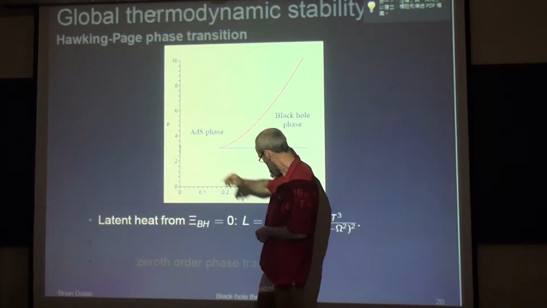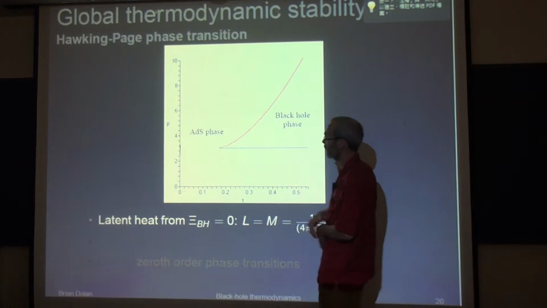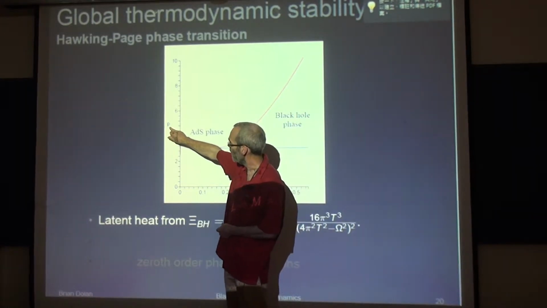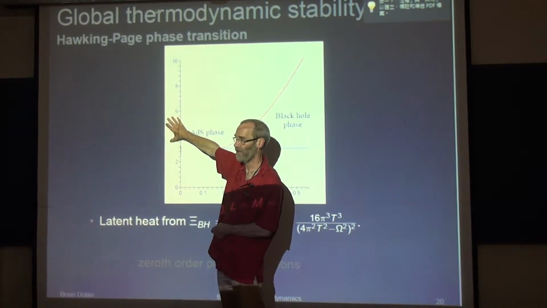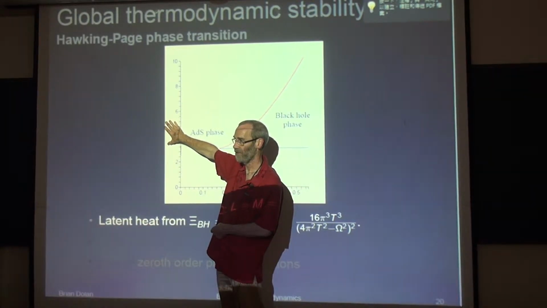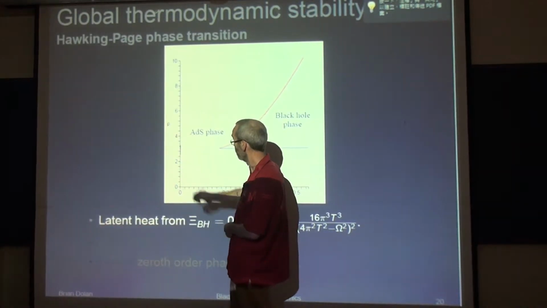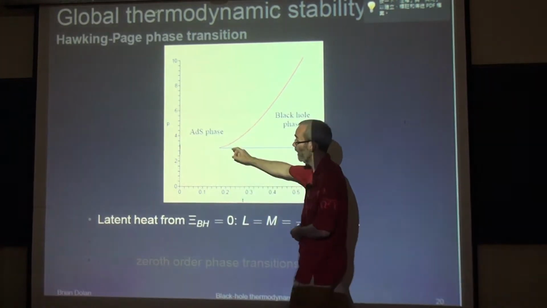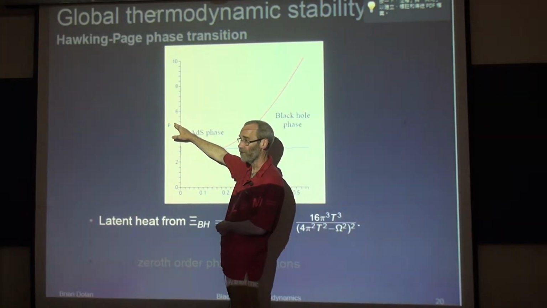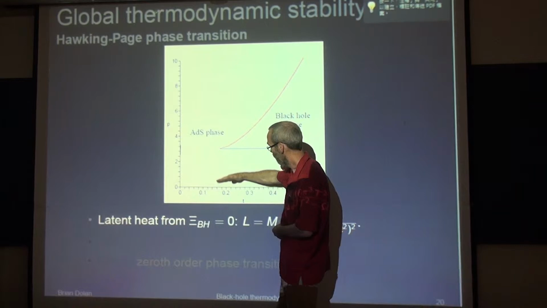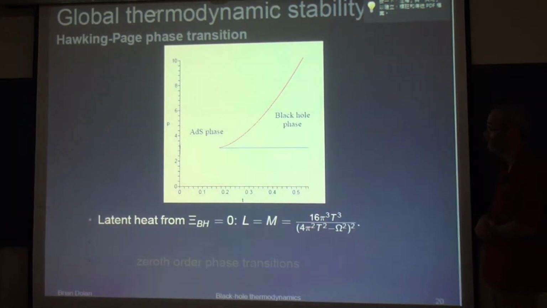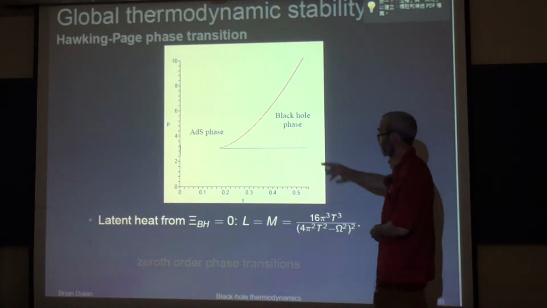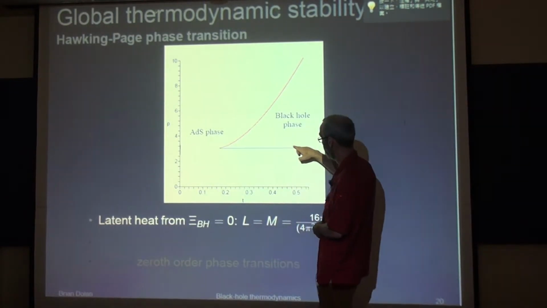This pressure here is now measured in units of angular velocity. So this is the pressure times the angular velocity squared. So as the angular velocity goes to zero, you can always come down to the origin here. So the position of this line is fixed by an angular velocity.